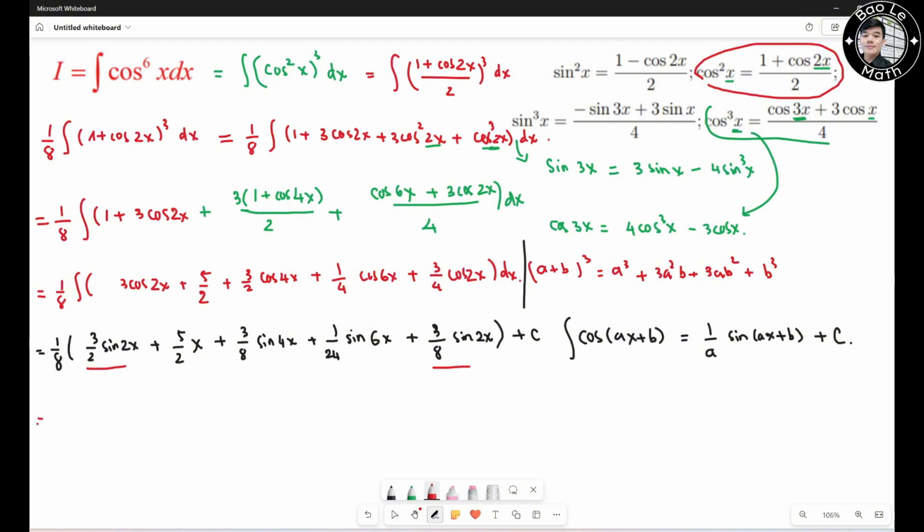So this guy turns out to be 1 over 8 times 15 over 8 sine 2x plus 5½ x plus 3/8 sine 4x plus 1 over 24 sine 6x plus c.